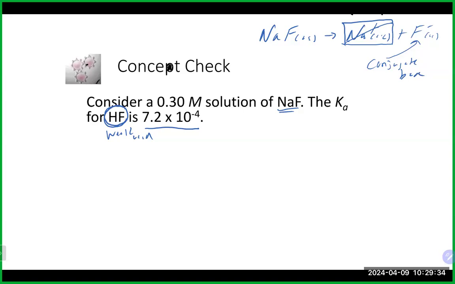So we will get a hydrolysis reaction that's going to occur with the fluoride ion. It will react with water and it's going to react as a conjugate base. And logic also tells you, hopefully, that it does not have an H to give, so it can only receive, in this case, the H plus. And that's going to give us HF, which once again is where it comes from.